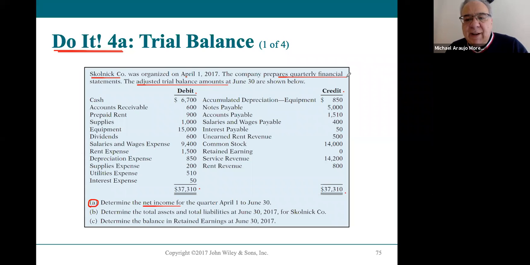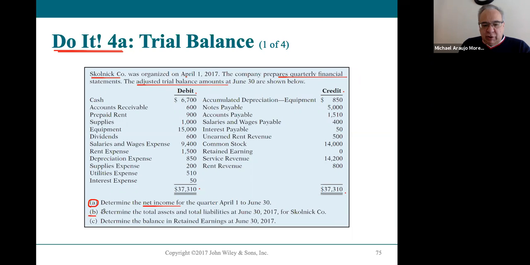So it is divided into quarters in this case. Every 3 months, they'll do a statement. It should be done monthly as well as quarterly, but this company does quarterly statements. All companies do, by the way. So here we need to do the net income for the quarter.